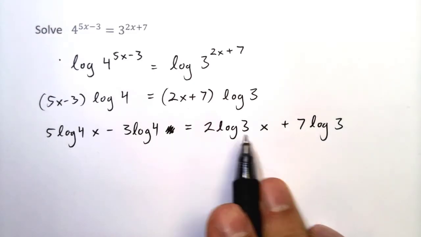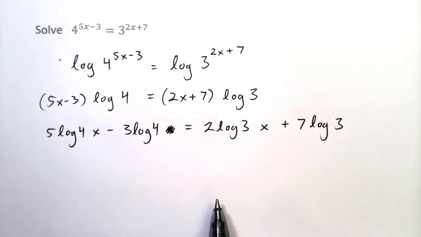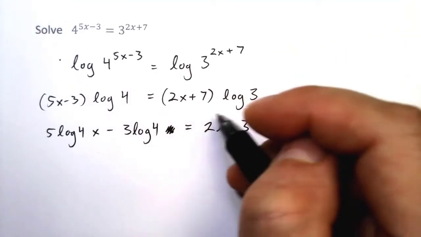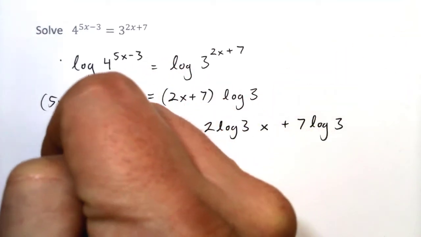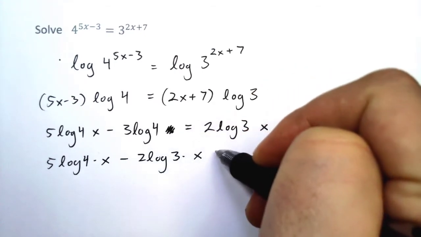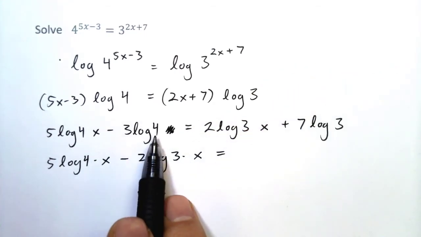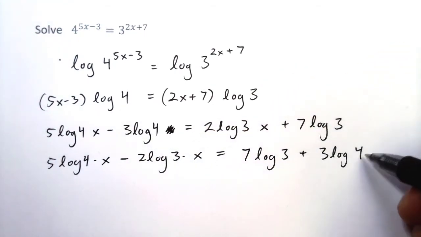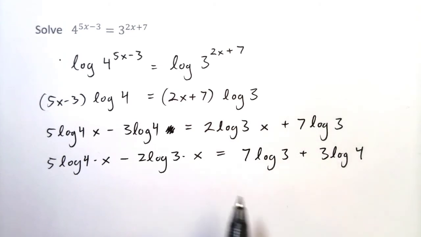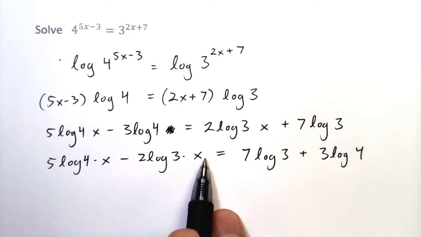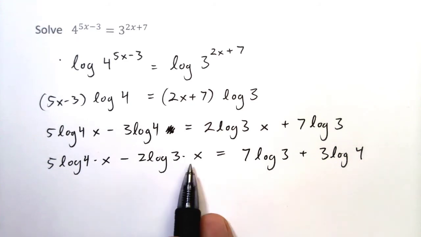Now let's collect the x's on the left and the logs on the right. So I will subtract 2 log 3 times x from both sides. And I will add 3 log 4 to both sides. All right, well now we're at a point where we can factor out the x's. We have two terms. They are like terms.